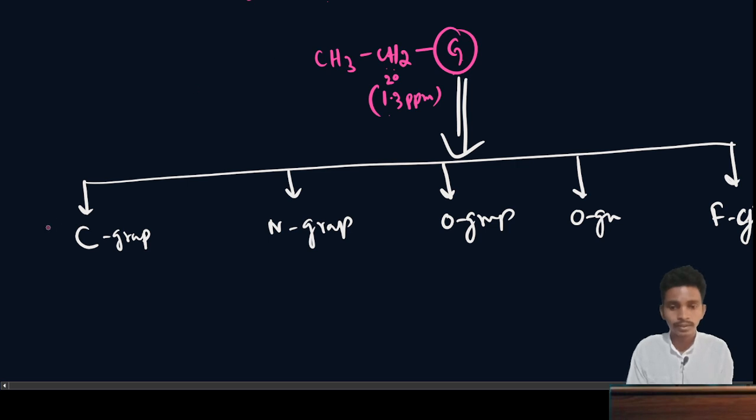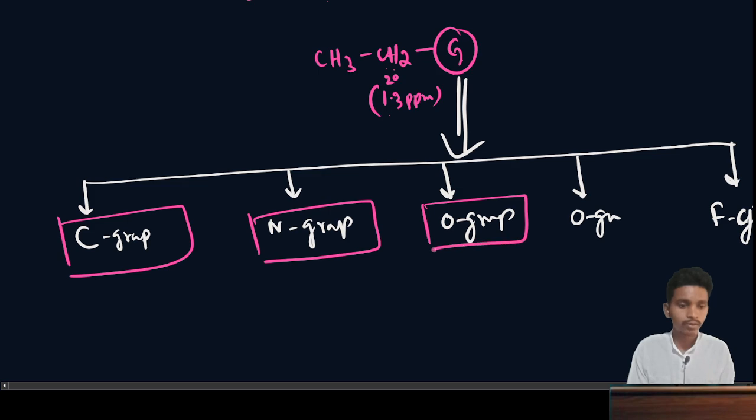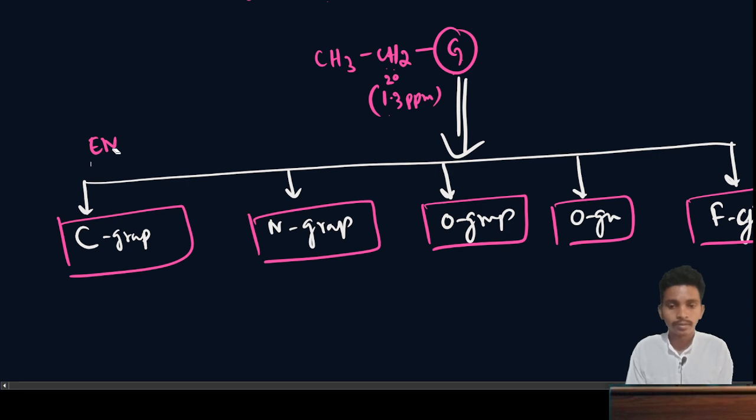Okay, this is carbon groups, this is nitrogen groups, this is oxygen groups, 2 times oxygen groups, and this is fluorine groups, and this order is based on electronegativity.